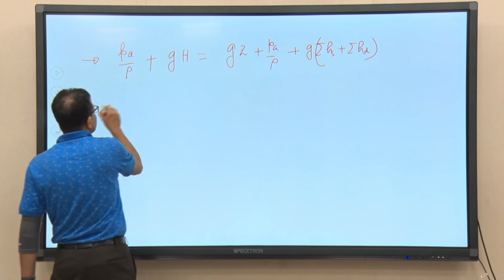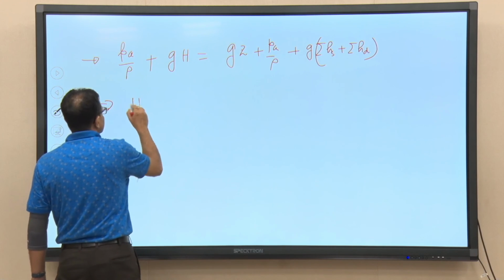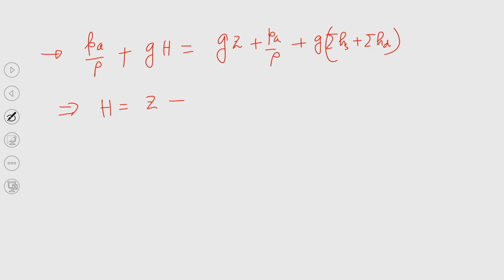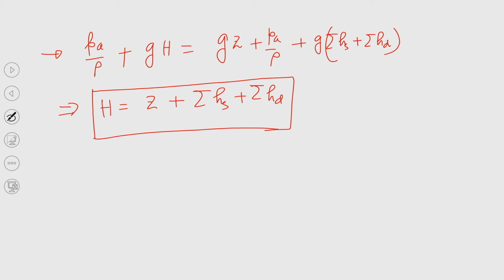So, we can write that H equals Z plus summation of H S plus summation of H D, right. So, this is the expression of head that is developed by the pump. Here Z equals ZS plus ZD.